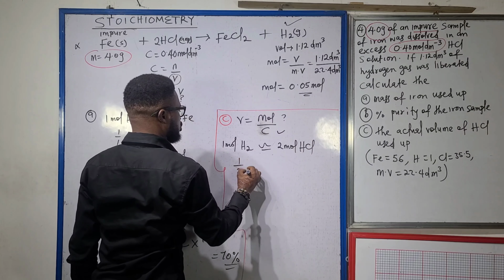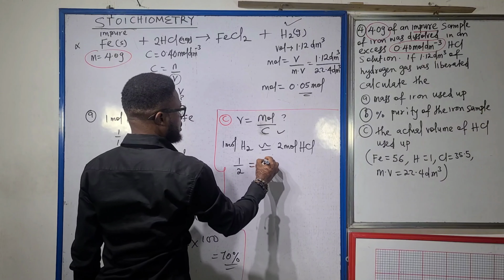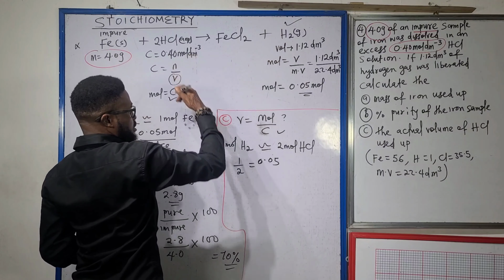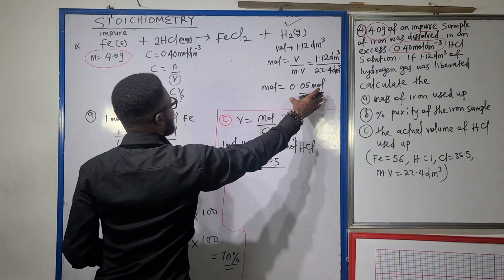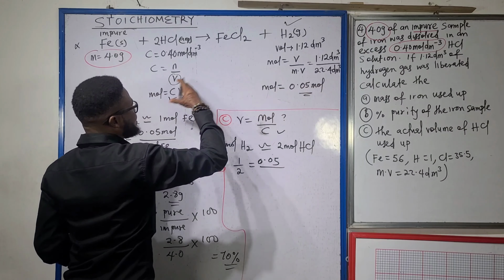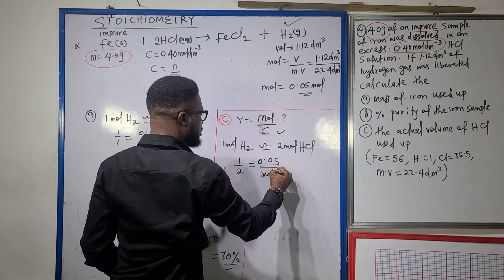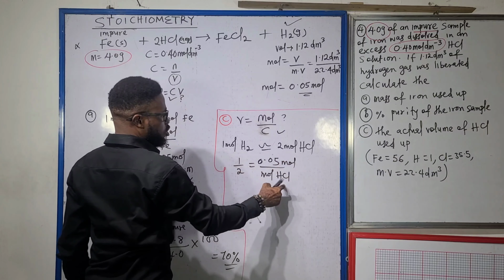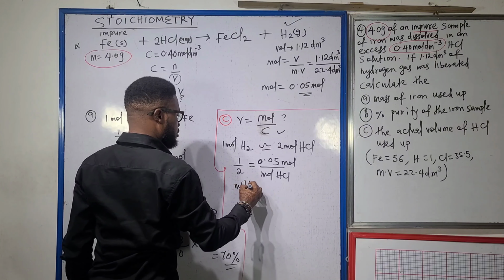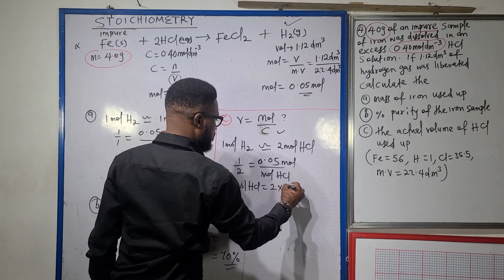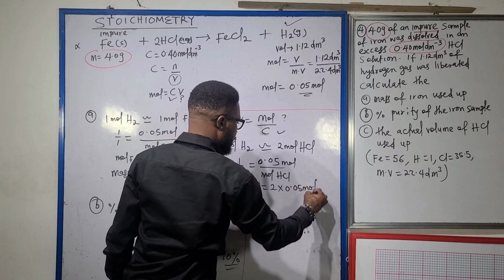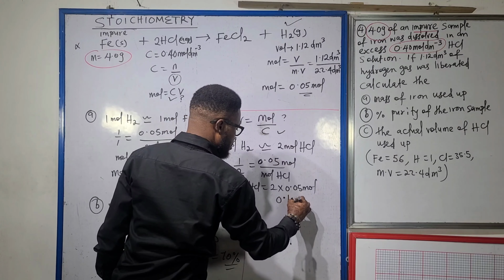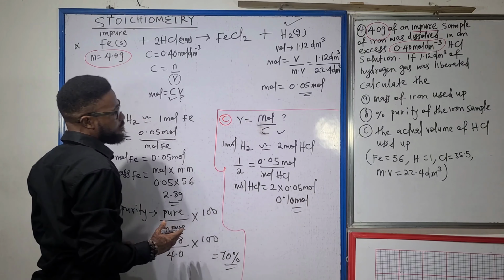So if I say 1 over 2, that means 0.05, the mole of hydrogen gas from the equation, then mole in reality, 0.05 mole, divided by mole of HCl. So mole of HCl equals 2 times 0.05 mole, and that should give you 0.10 mole. That is the mole of HCl.